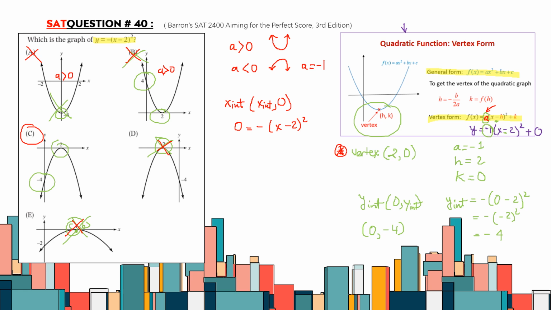We know this one is only 0 when x minus 2 is 0, and the multiplicity of the answer is 2, because you have the degree of 2. Then we add 2 to both sides. That cancels, and we have x equals 2. So the x-intercept is (2, 0). It's the same as the vertex in this case.